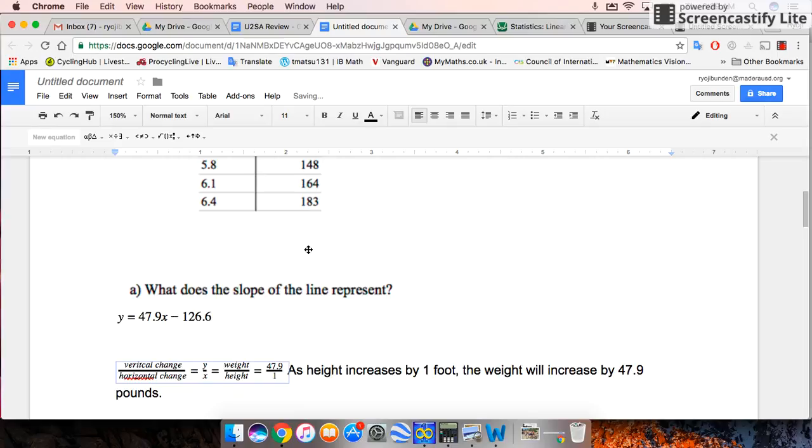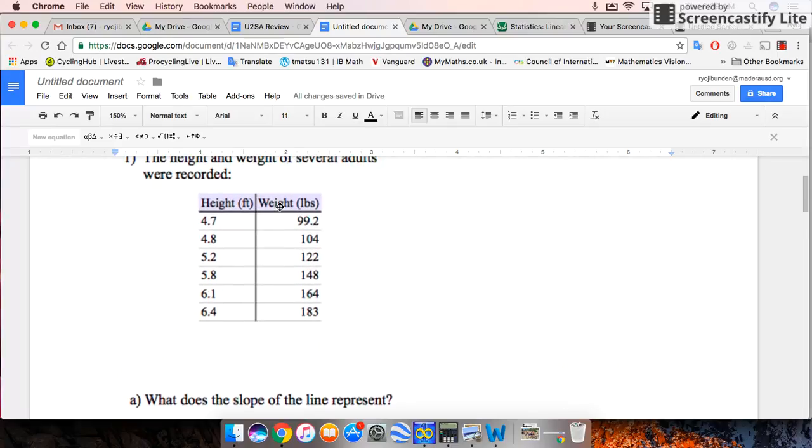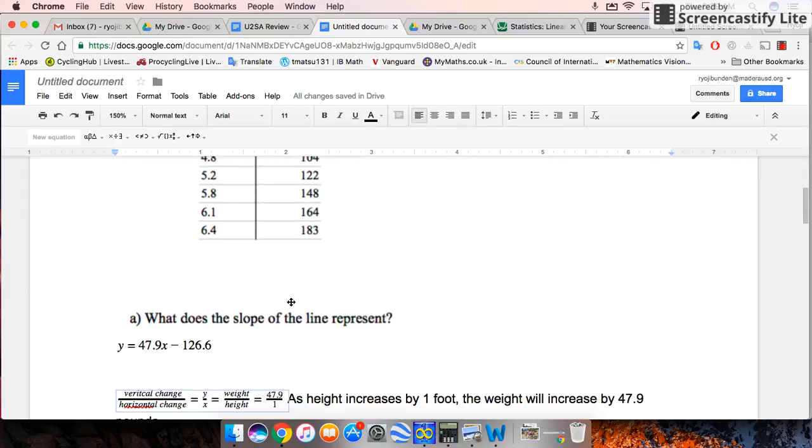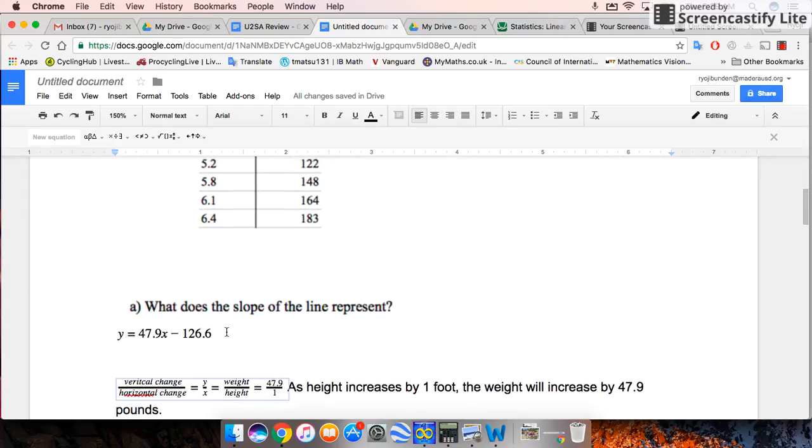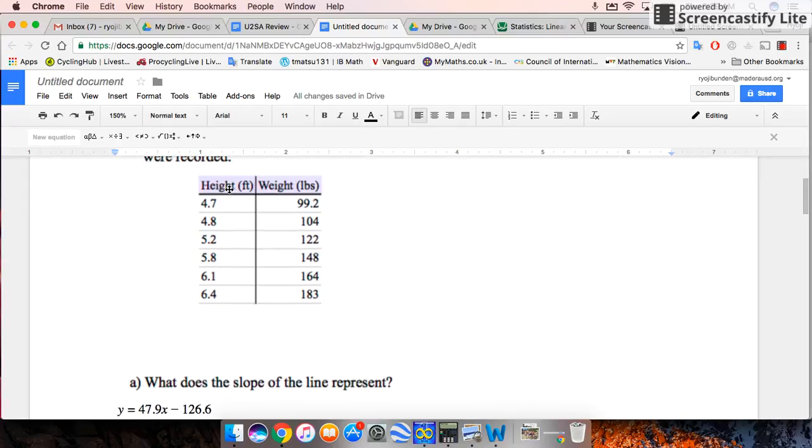But in this case, our y variable, if we go back to the table, is weight, and our x variable is height, right? Looking at the table, we see that the height, if we move down, is increasing, and the weight is also increasing. So this means that it's a positive relationship, okay?